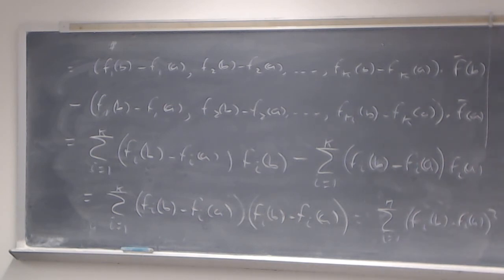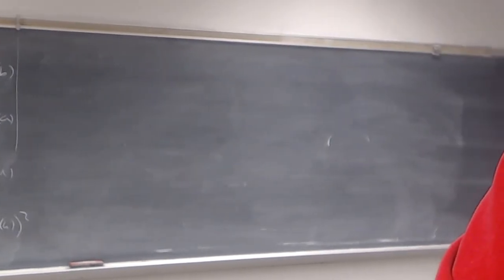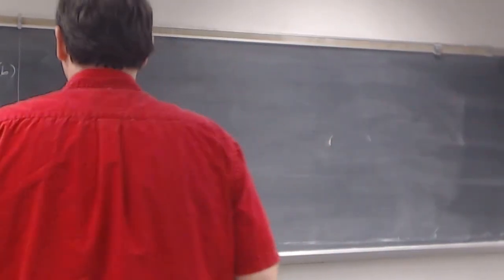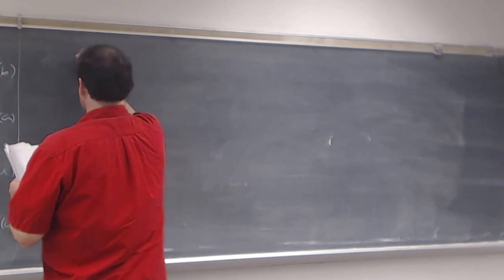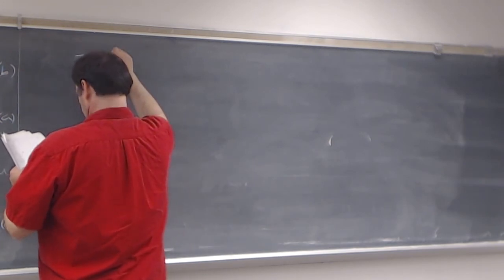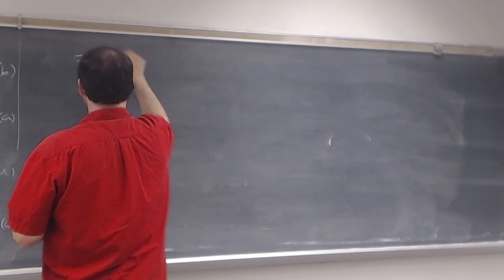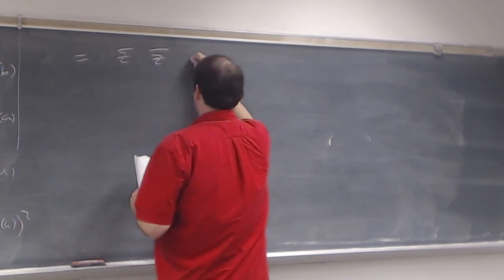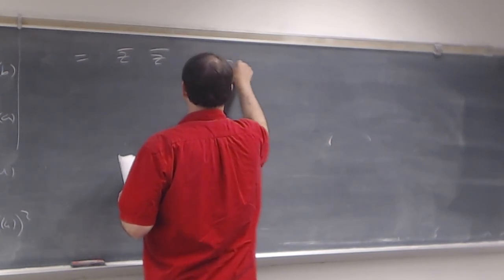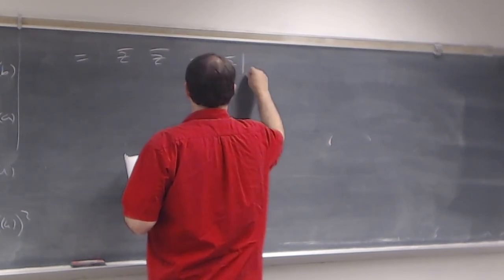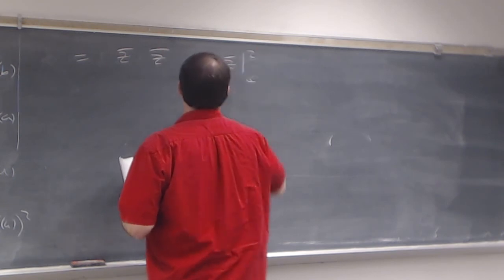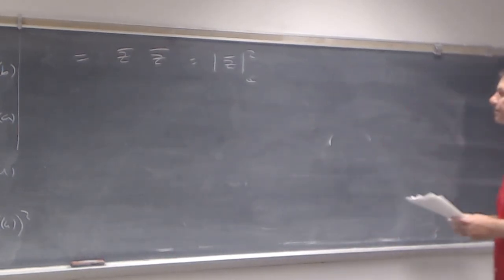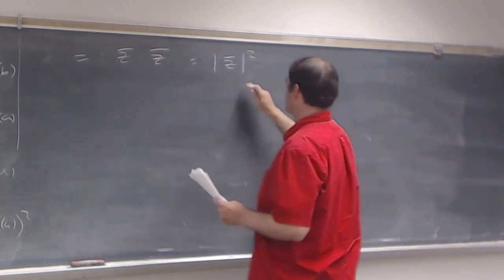So if you will, it is the norm of that quantity. This is equal to, well, you could say this is Z acting on anything, now Z bar acting on anything, and that's equal to the value of, well, it's in R^k, the norm squared.